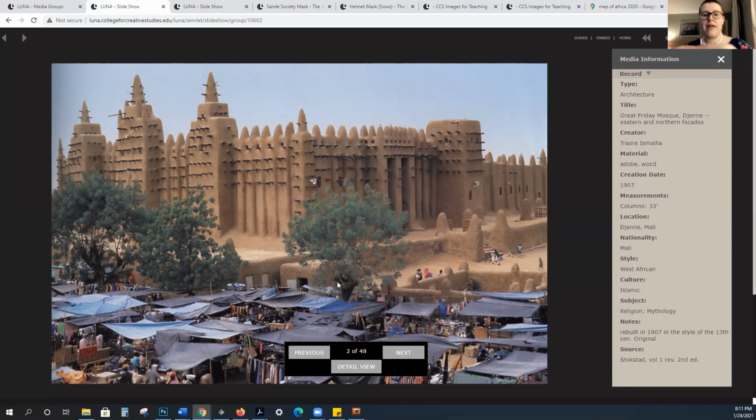And this is an annual celebration. So non-Muslims do not participate in any way, but the women gather the water and the children create the mud mixture, and then the men apply it. It's a way of involving the community and making sure that they're invested, as well as preserving this ancient architectural form and this holy site.